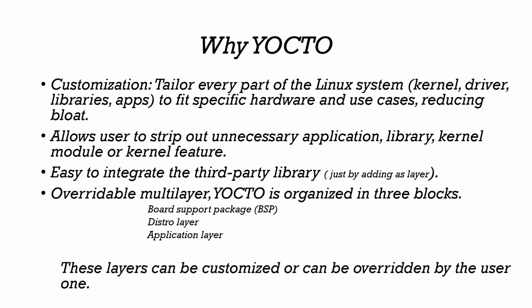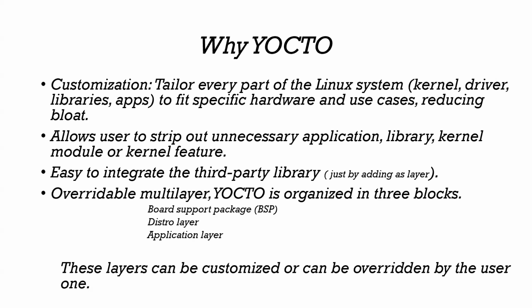Okay. Next is that it's easy to integrate third-party libraries just by adding a layer. Suppose I want to make use of, say, wolfSSL, which we are going to see in the upcoming slides. I will just download a layer.